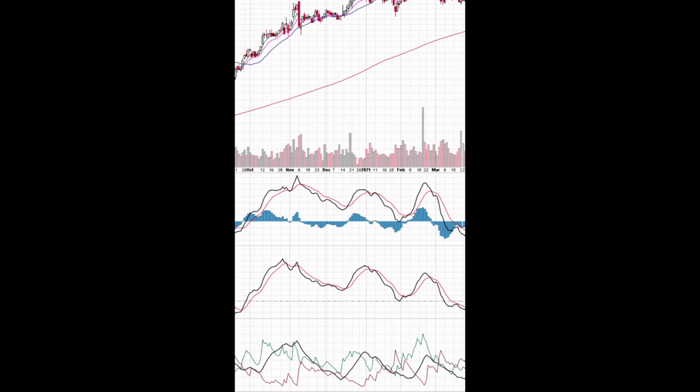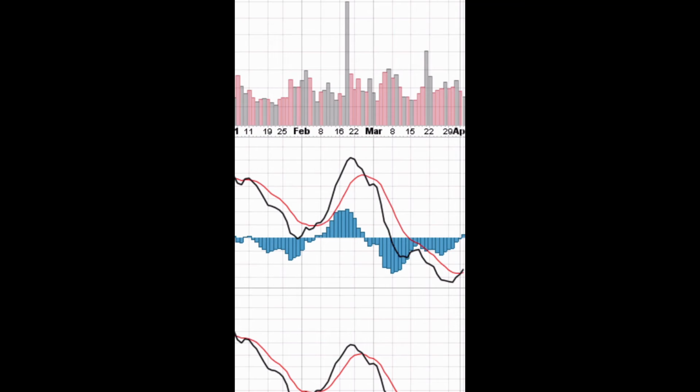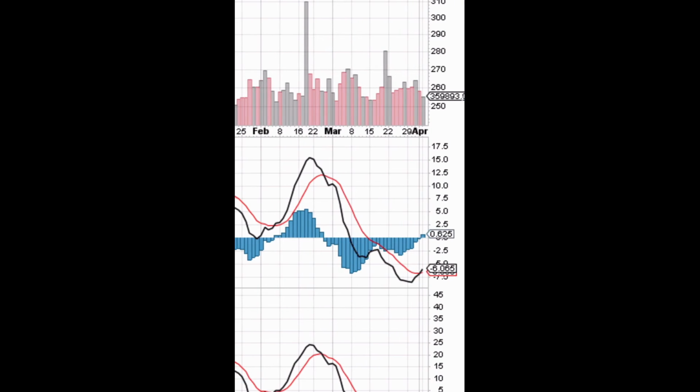And so here, if you look at the MACD histogram, you can see that it's been moving on an uptrend for a while. Each of those blue lines is getting smaller and smaller until it goes above 0. Similarly, if you look at the black line, which is the MACD line, you can see that it's crossing above the red line, which is the MACD signal line. That's indicating that the stock is moving in an upward trend or is getting ready to break out.